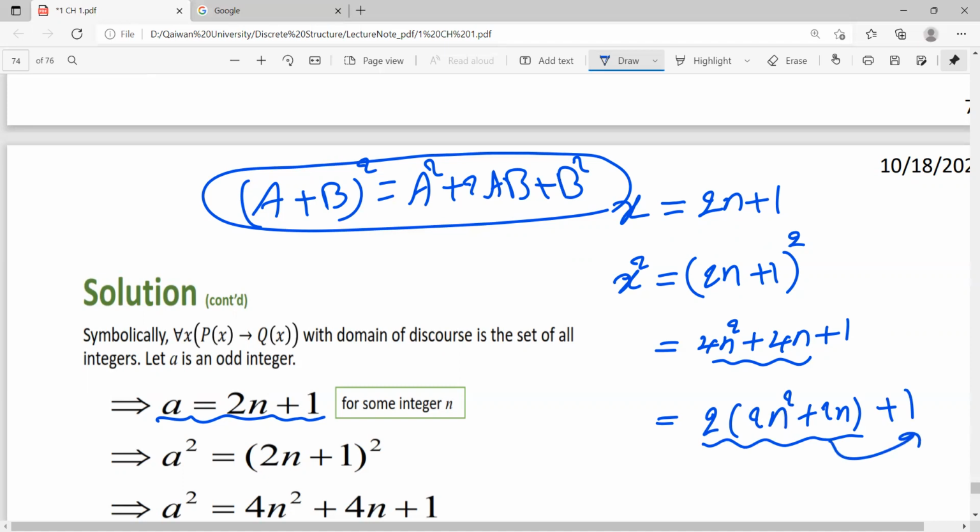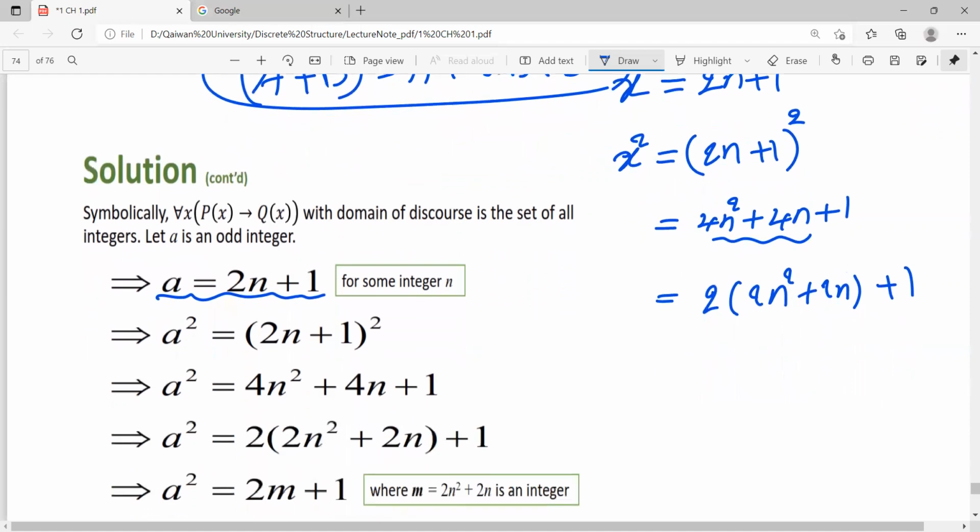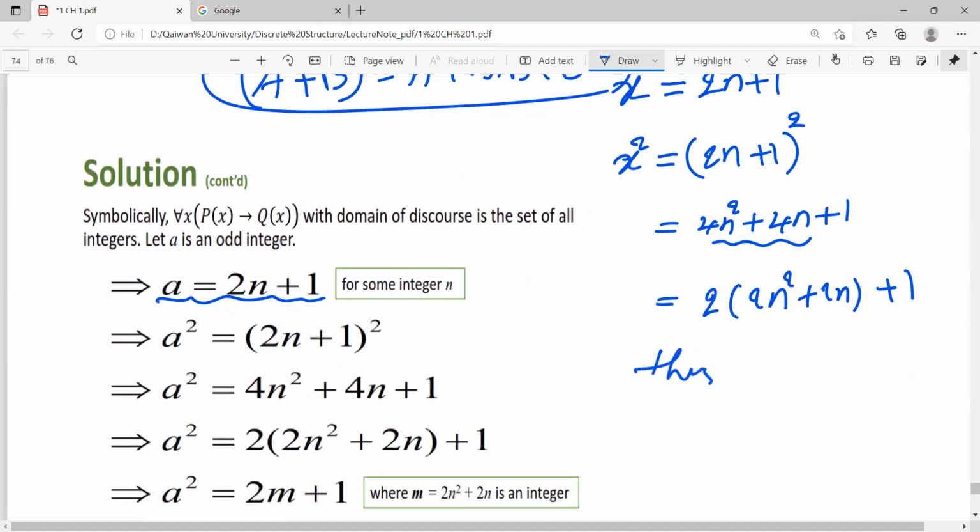For example, 24 is an even number; if we add 1 to it, it becomes 25, which is odd. So this is even, and that's 1, so the result is always an odd number. That means x squared is an odd number. Thus, x squared is an odd number.